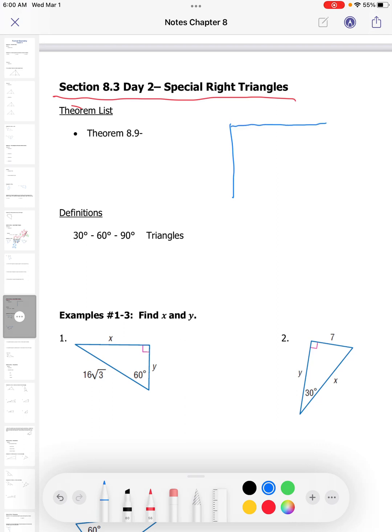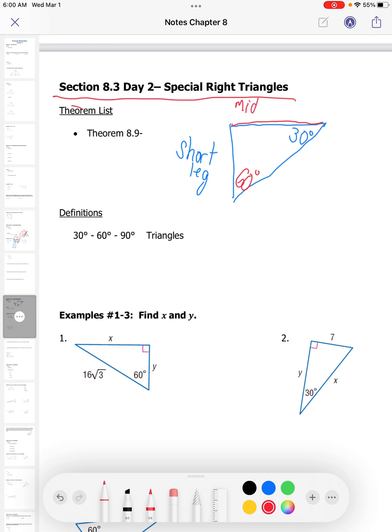I'm going to draw that triangle. If you could do the same, I'm going to draw it the best I can. I have 30 degrees right here, which is across from what's known as the short leg, okay? It's the smallest leg because it has the smallest degrees opposite of it. I have 60 degrees right here, and we're going to call that the middle leg, okay?